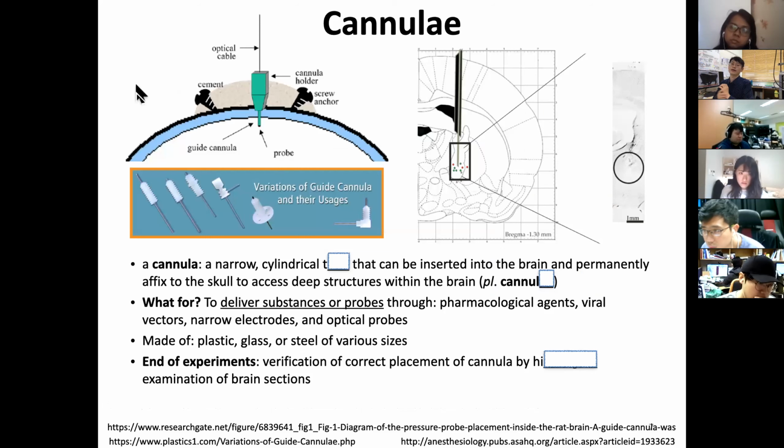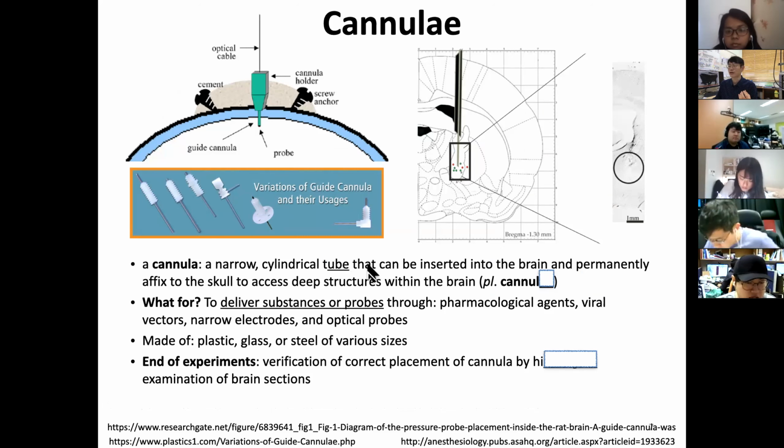All right, another way to directly access the inside of the central nervous system: we have to have access, but there are always bones, the skull, there. So we want to put in a narrow cylindrical tube.